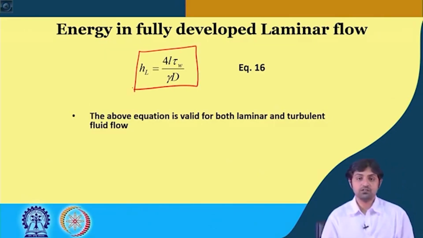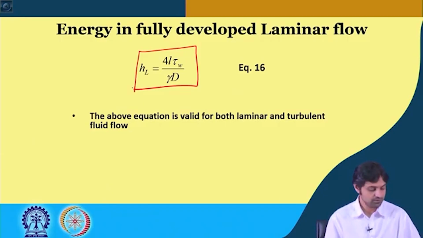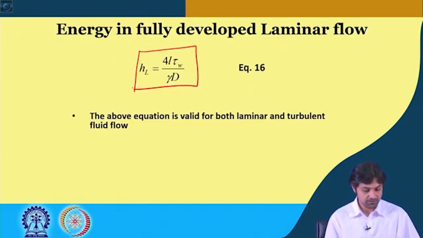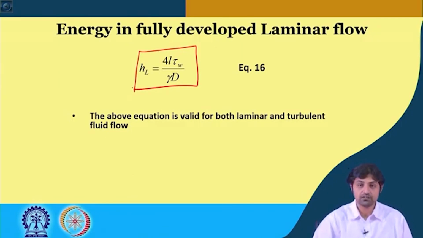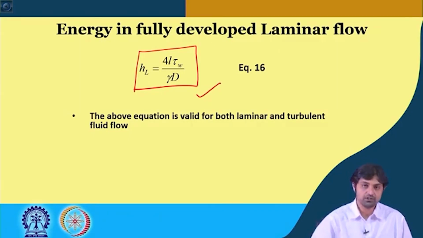So we have not yet used any approximation specific to only laminar flow. In this particular equation, the substitution that we have done, the tau W and tau relationship, was valid for both laminar and turbulent flow. So with this we conclude the energy in fully developed laminar flow, and since this is also valid for turbulent flow, the energy in turbulent flow as well.